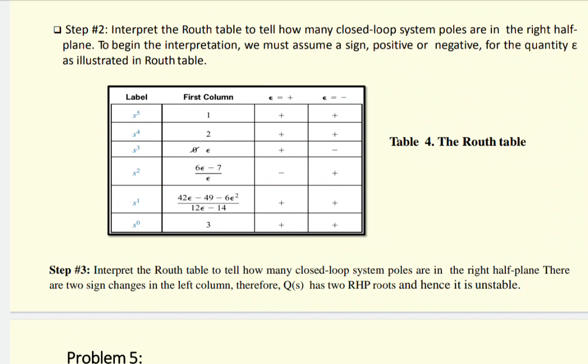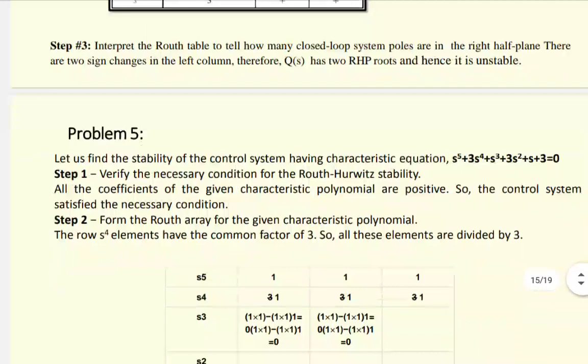Otherwise, if epsilon is negative, the s cube row is negative and the s to the power 2 row is positive, so s to the power 4 to s to the power 3 is a change, and s to the power 3 to s to the power 2 is another. Either way, it becomes unstable because two sign changes have occurred. That's why we can say two roots lie in the RHP of the s plane, the right half plane.